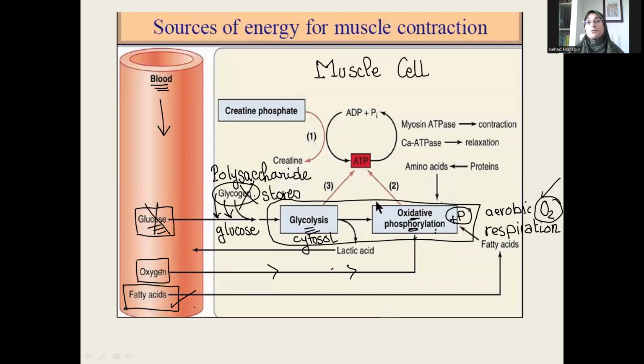If you are exerting heavily for a long period of time, you're not only depleting your glucose levels in the blood, but also your glycogen stores in the muscle and in the liver.